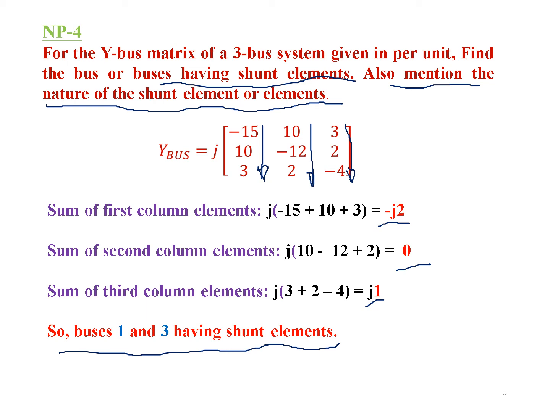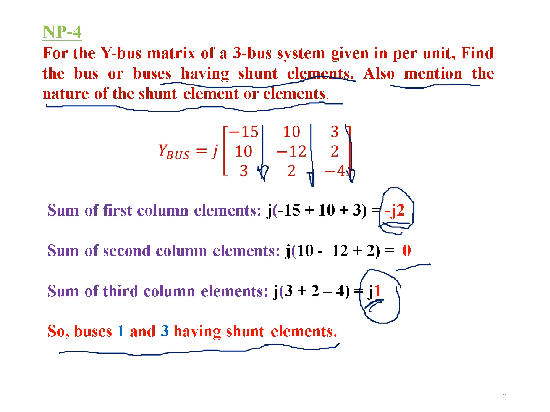Nature of the shunt element means whether it is inductance or capacitance. Now you see, the summation of the first column provides a non-zero value but the nature is negative. In the third column, again this is a non-zero value but that value is positive.